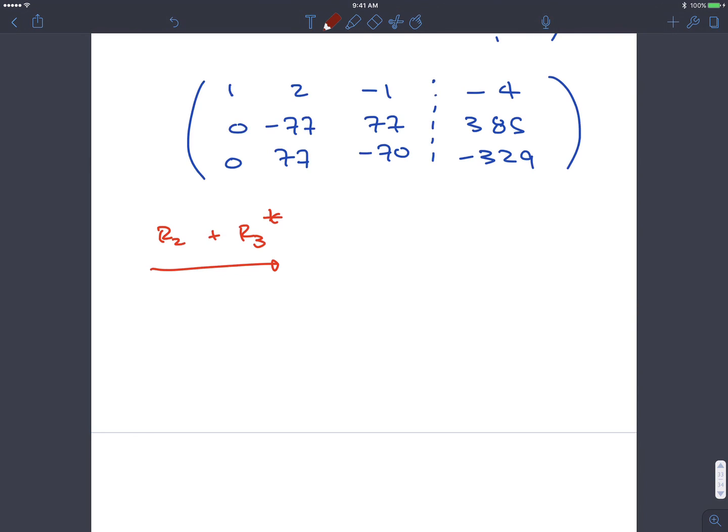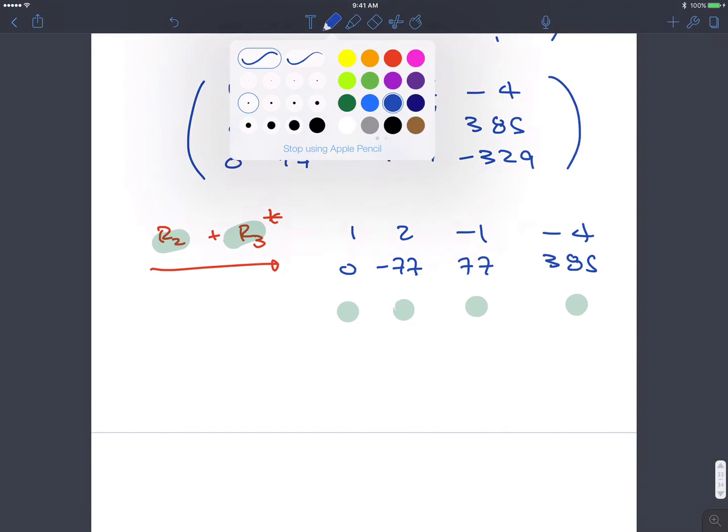Notice if we change row 3, row 1 and row 2 stay the same. So I'm going to keep the values for row 1 and row 2. Row 2 plus row 3 gives me a new row 3.